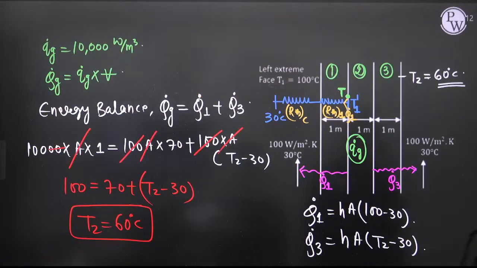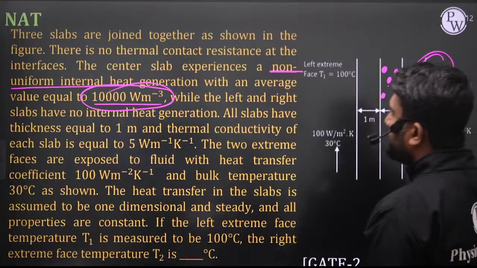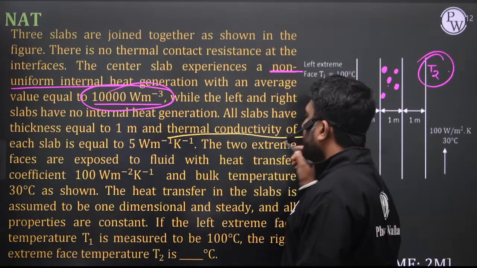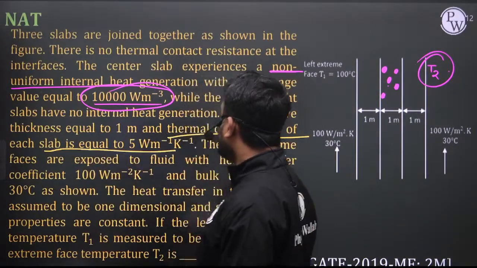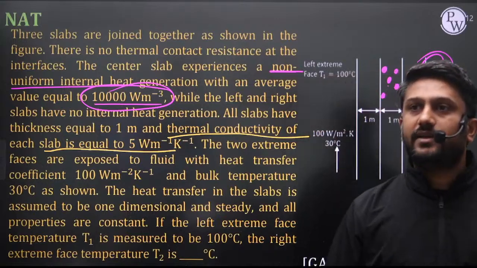So K value is given, na? All slabs having thickness 1 and the thermal conductivity of each slab is equal to 5 watt per meter Kelvin. Slab thermal conductivity is given, na?